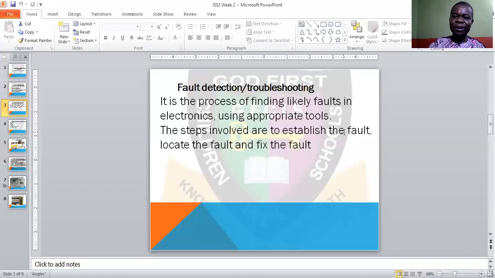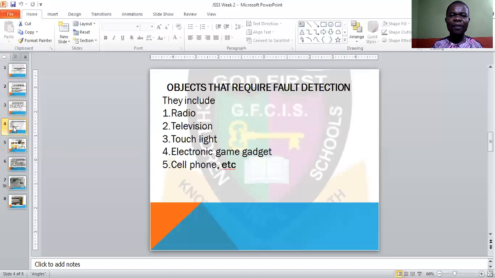When he uses an instrument to detect, a particular instrument that is used to detect can also be used to fix the fault, like the electric current tester. After testing, it can also be used together with some of the other instruments that will be fixing the fault. Then we look at the objects. What are the objects that require fault detection?